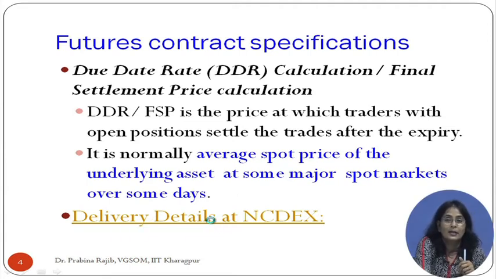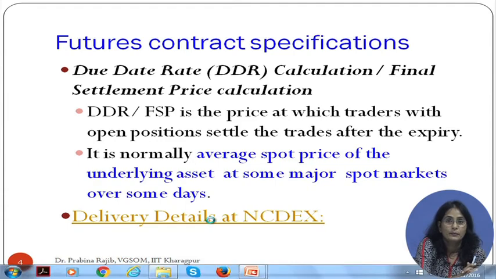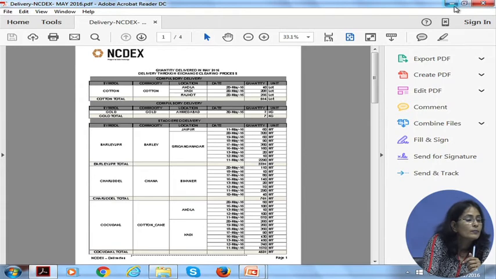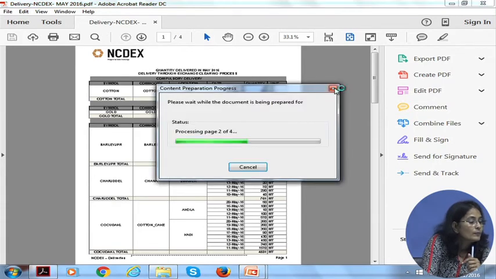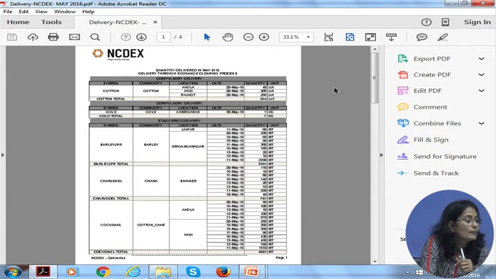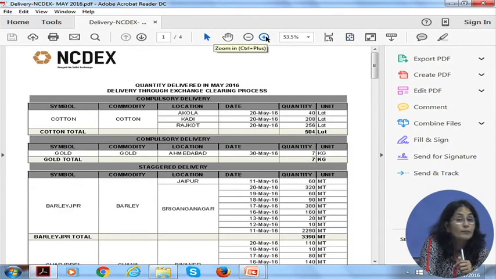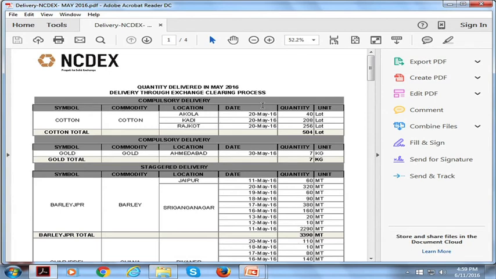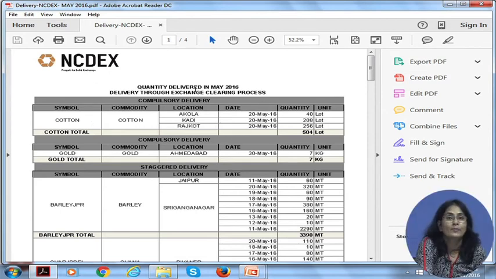This particular link, if you can see, I have downloaded from the NCDEX website.